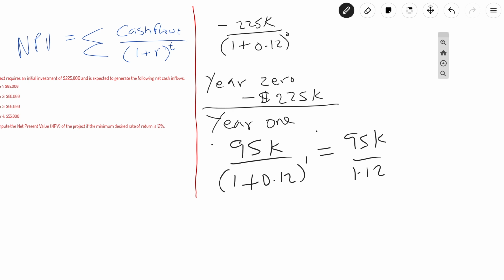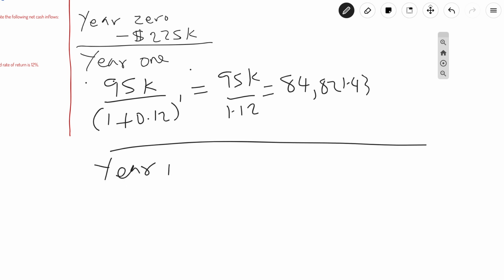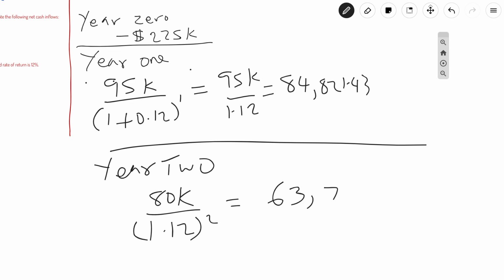And when you do the math, you're going to get 84,821.43. In the same token, you'll do this for year 2, and the cash flow is going to be 80K divided by 1.12 to the power of 2. And when you do the math, you're going to get 63,777.53.